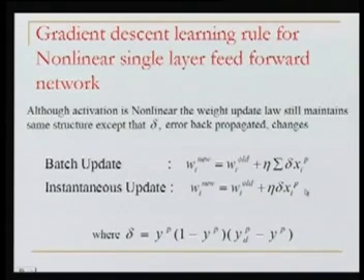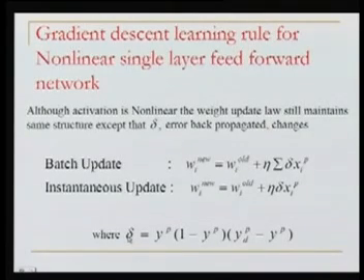This one is batch update and this is instantaneous update, where the delta is yp into 1 minus yp into ydp minus yp. Again, as I said, these are all specific to a specific pattern. P refers to a specific pattern. The structure of the update law remains the same.